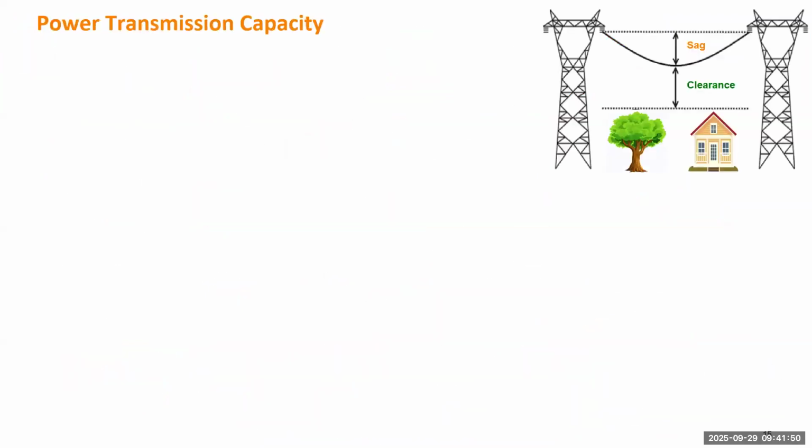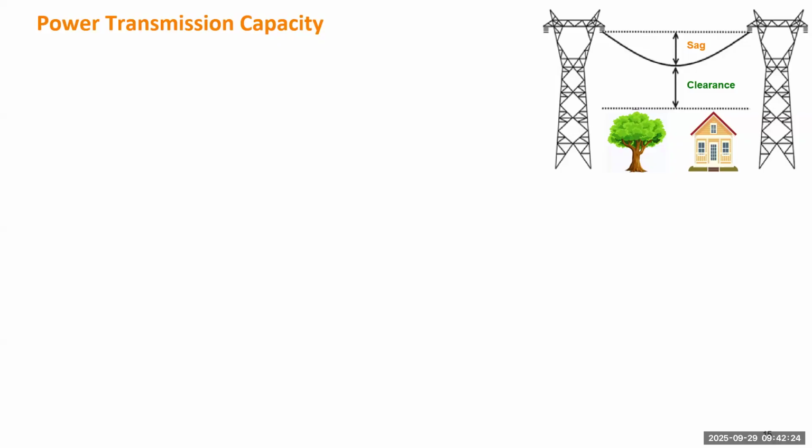All right, so next we can talk about the transmission capacity of the line. For each line, we can split the line into many segments. Each segment will be connected to the neighboring segments through a tower, such as those two towers. Usually you won't see the line completely straight.